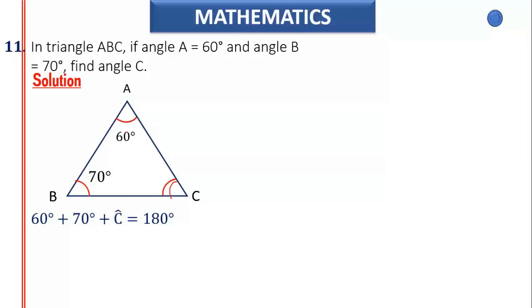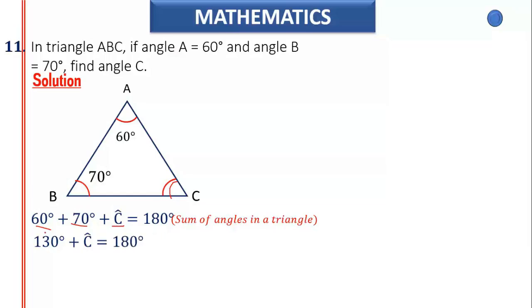It's simple enough. We know that this is a triangle, and the sum of angles in a triangle is equal to 180 degrees. So you just add this plus this to give you 180 degrees. So that's the sum of angles. Don't forget to always put your reason. It's very important: sum of angles in a triangle.